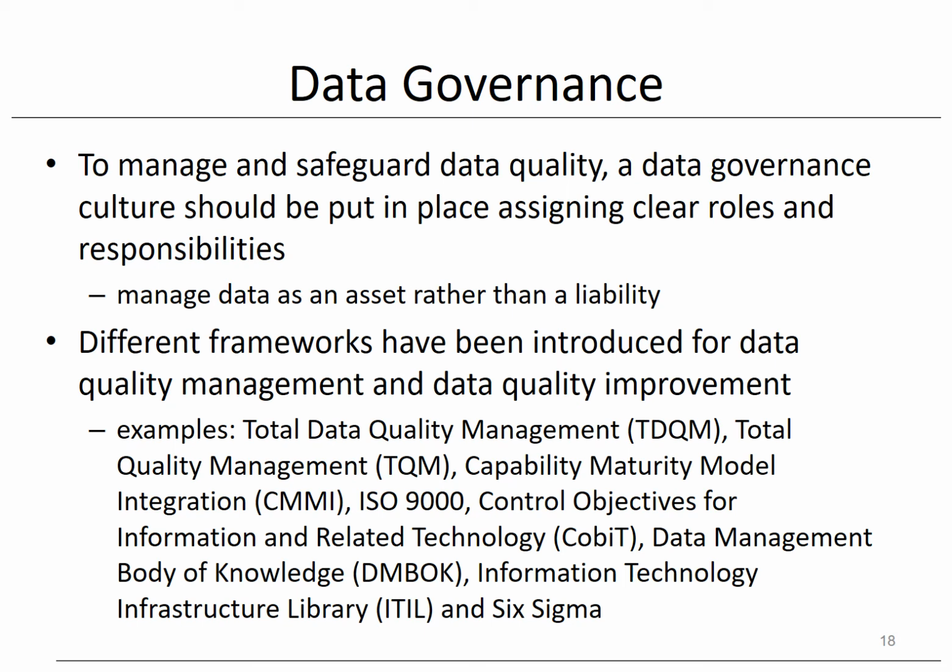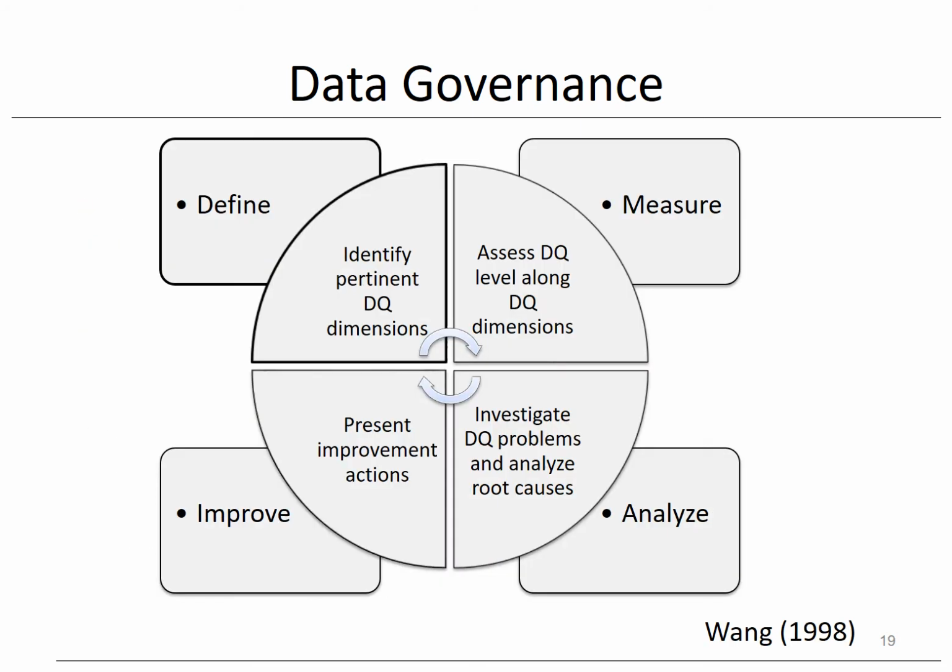Most frameworks are scientifically grounded and consider the perspective and knowledge of various data stakeholders across different industries. The TDQM framework is illustrated here. A TDQM cycle consists of 4 steps: define, measure, analyze, and improve, which are performed iteratively.